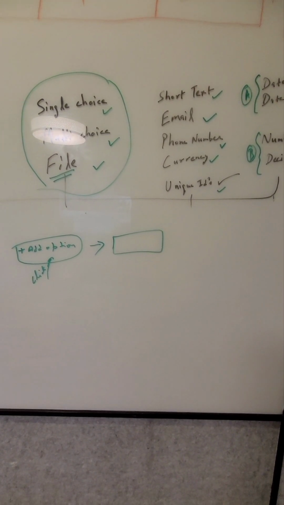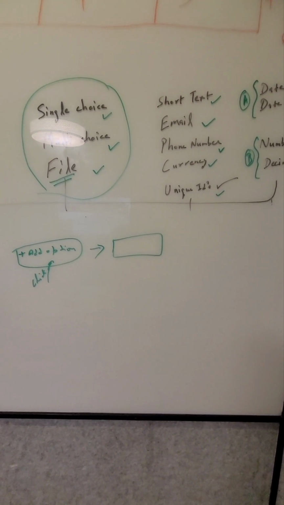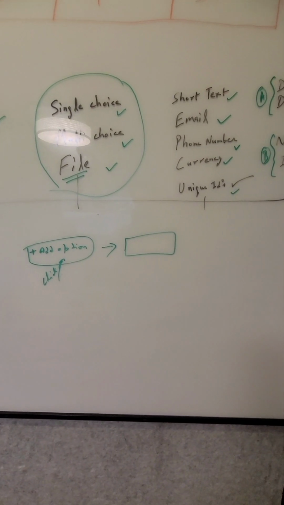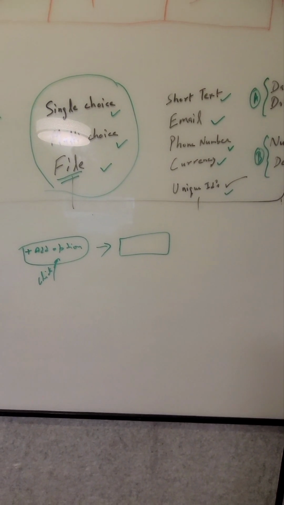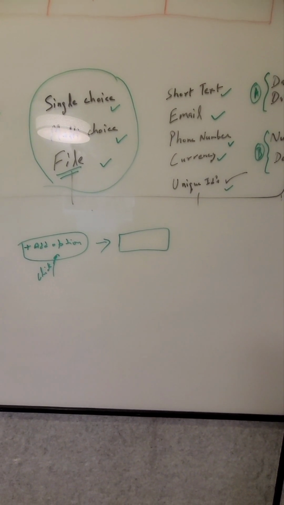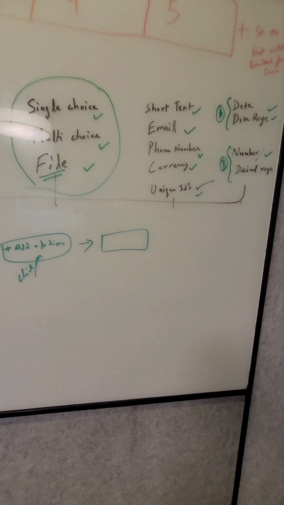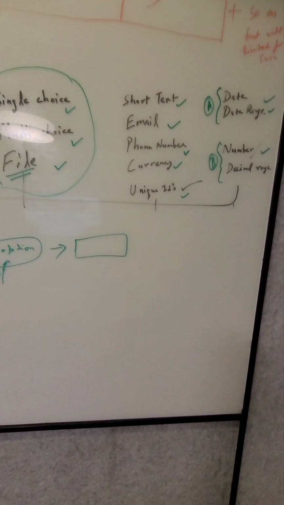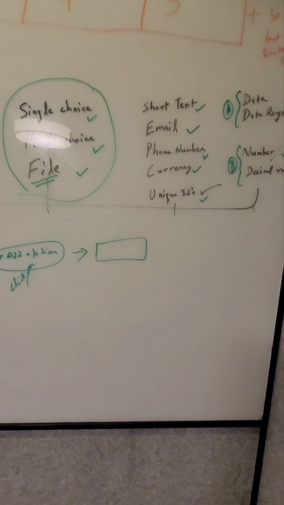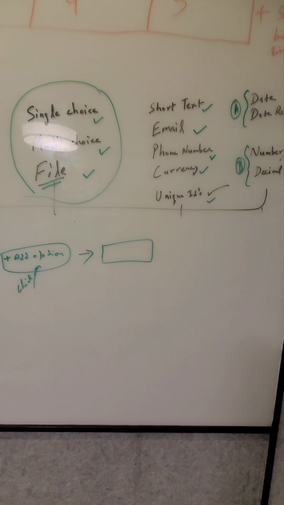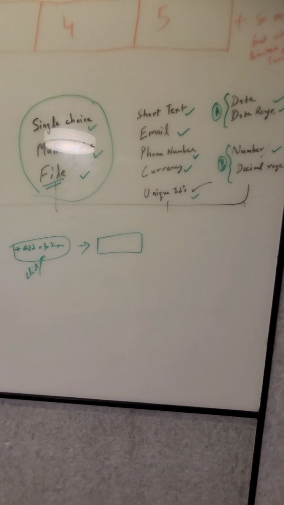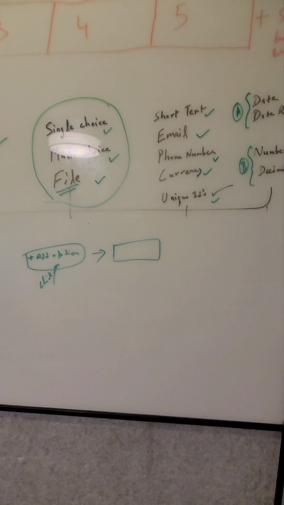Similarly with single choice and files also, because I don't want to allow my users to upload too much. This will be a starter plan, let's say, and I don't want to give my user the ability to stress my database, so I want to restrict files also, so that a user can upload up to probably 2 GB or 3 GB, right?